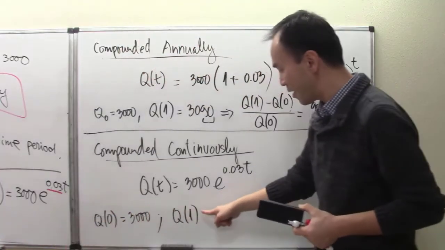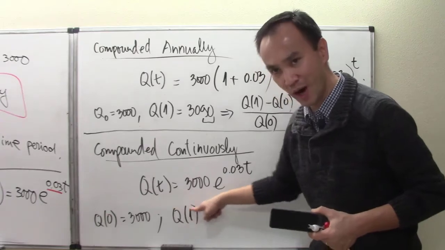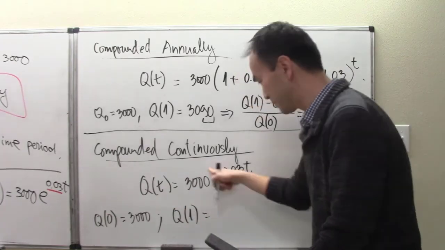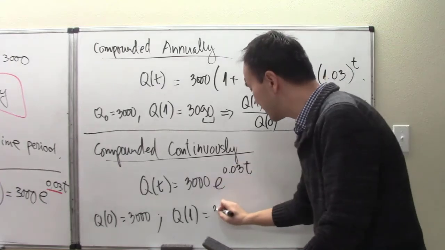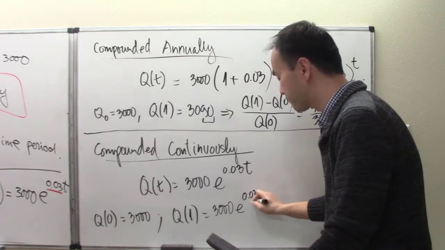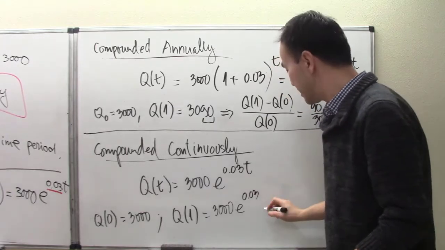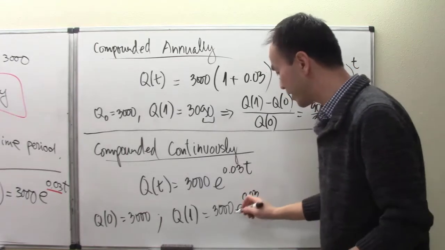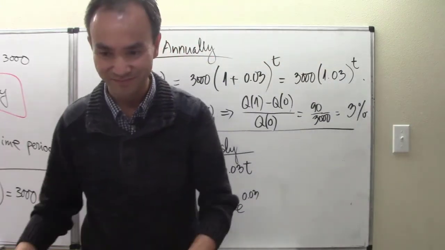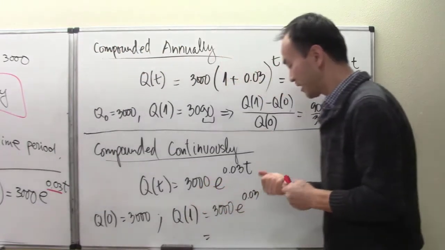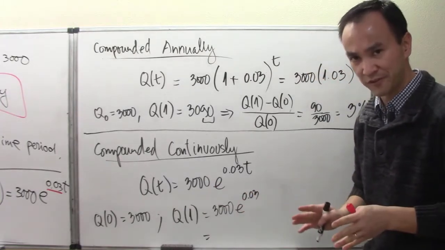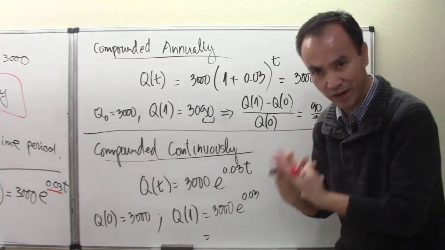So in that way, I'm calculating Q of 1, 1 year later. According to this function, it gives me 3,000 times e to the 0.03. So let's do a quick calculation here. Of course we have to do some rounding when it comes to money, when it comes to financial math, because it deals directly with money.